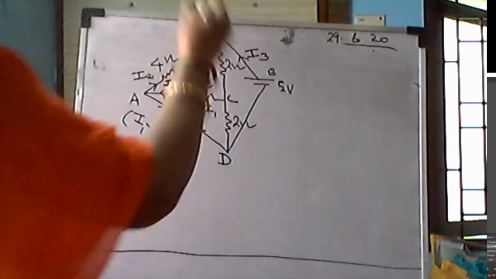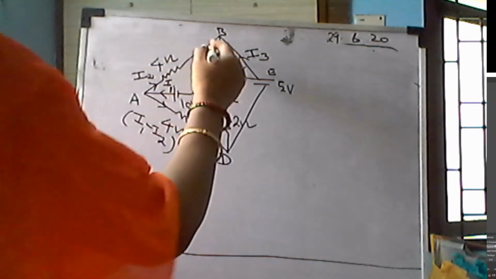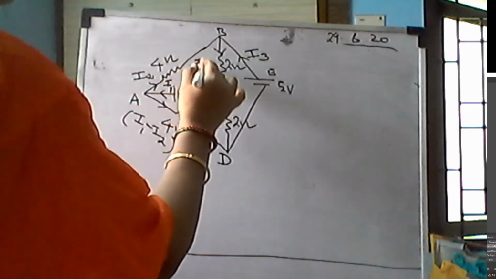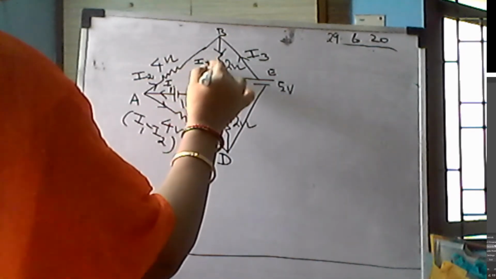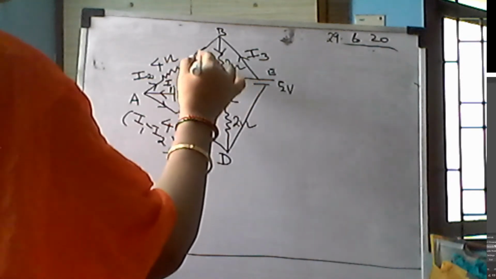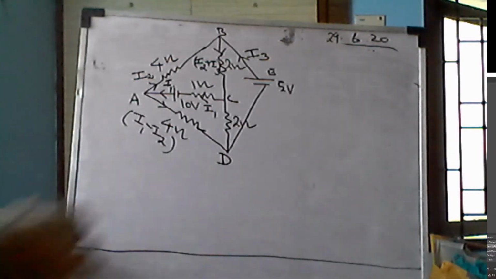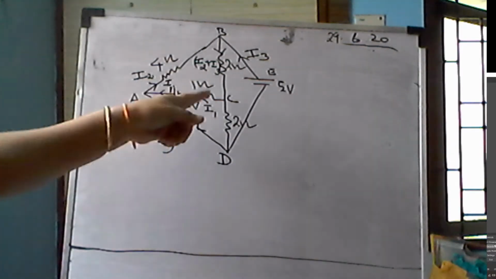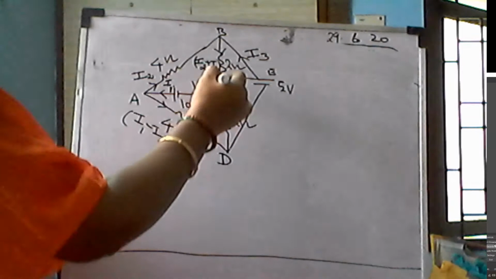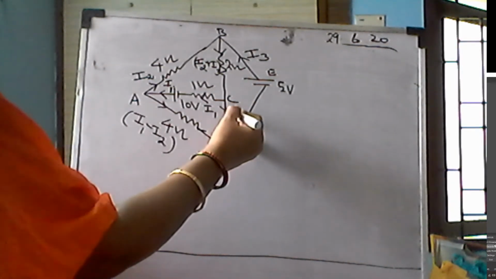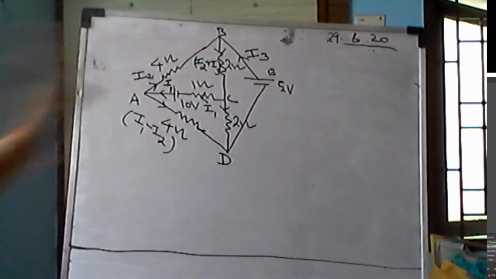Then here I3 is coming, here I2 is coming. So whatever current is coming here is I2 plus I3. So here I1 is going like this, so here it is I2 plus I3 minus I1.